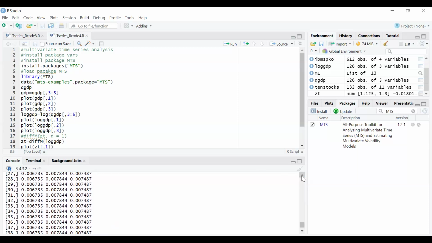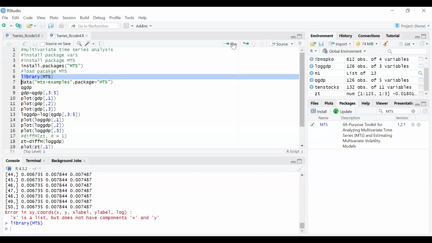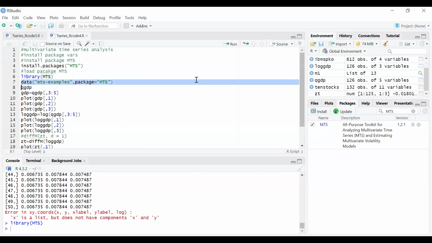Yes, sir. Okay. So once you have installed that package, execute the line number 6, and that should load that package in your system. And then execute the line number 7.